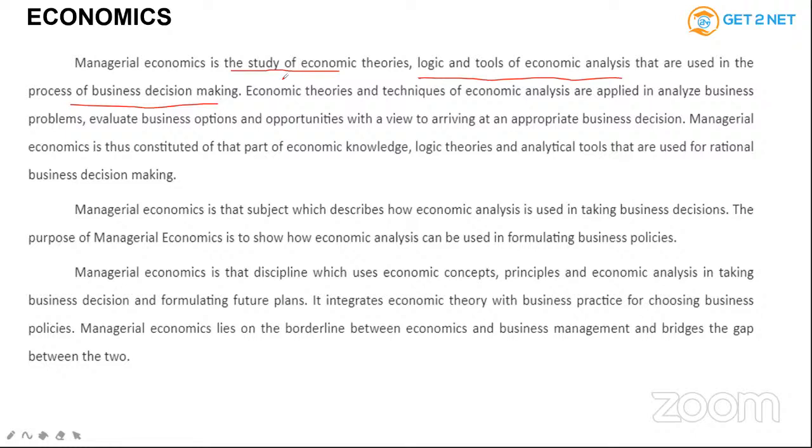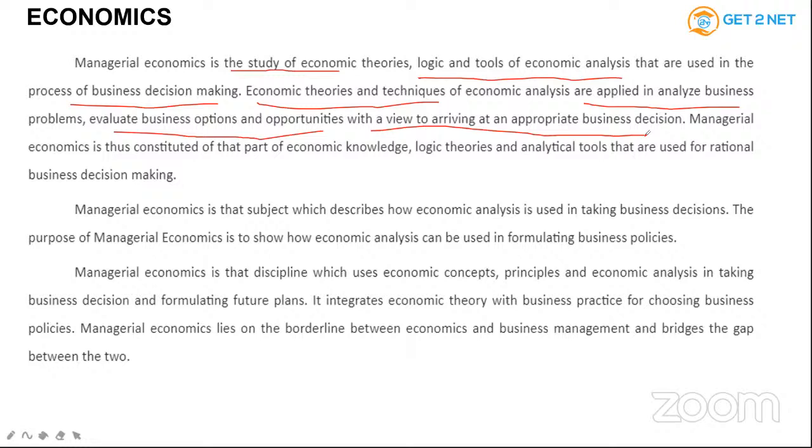Now, what happens here? Economic theories and techniques are actually applied in business problems, to evaluate business options and opportunities with a view to arrive at an appropriate business decision.